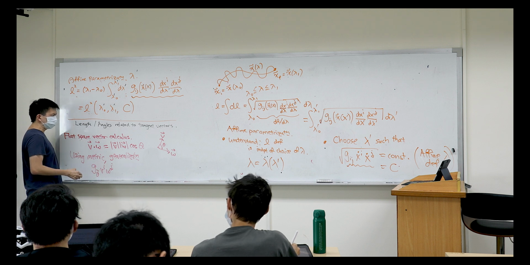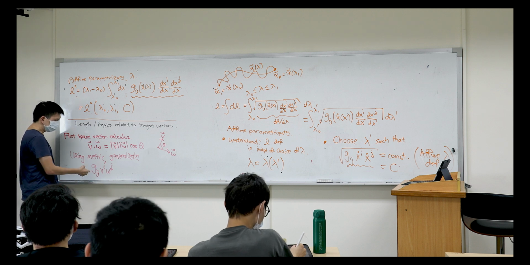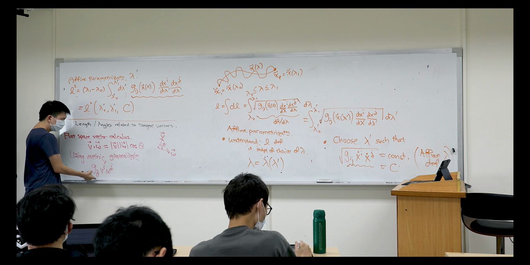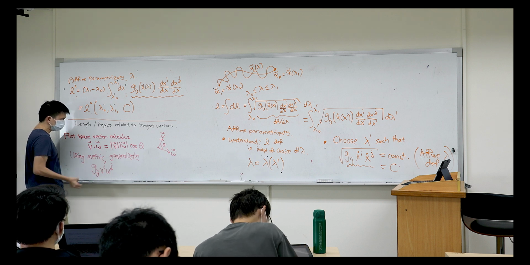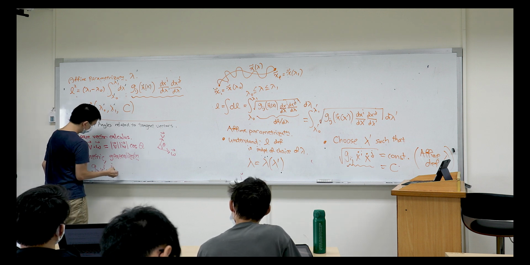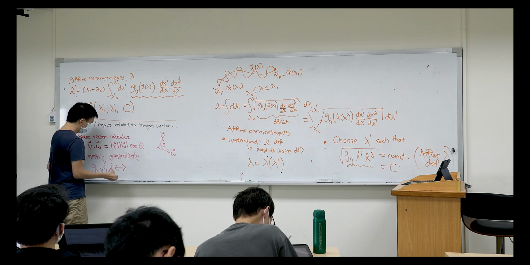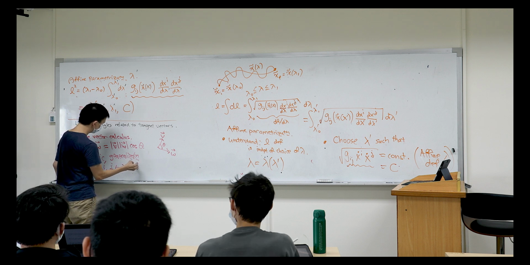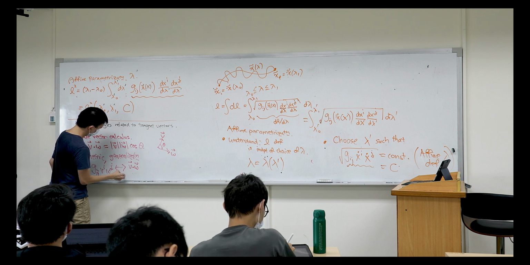Remember that we're using the summation convention. Whenever you have a repeated index i, you're summing it over all the dimensions that you have. And when you have j, also now repeated, you're also summing it over from 1 to 2. And this is basically the analog of the dot product. By this arrow, I mean analogy.